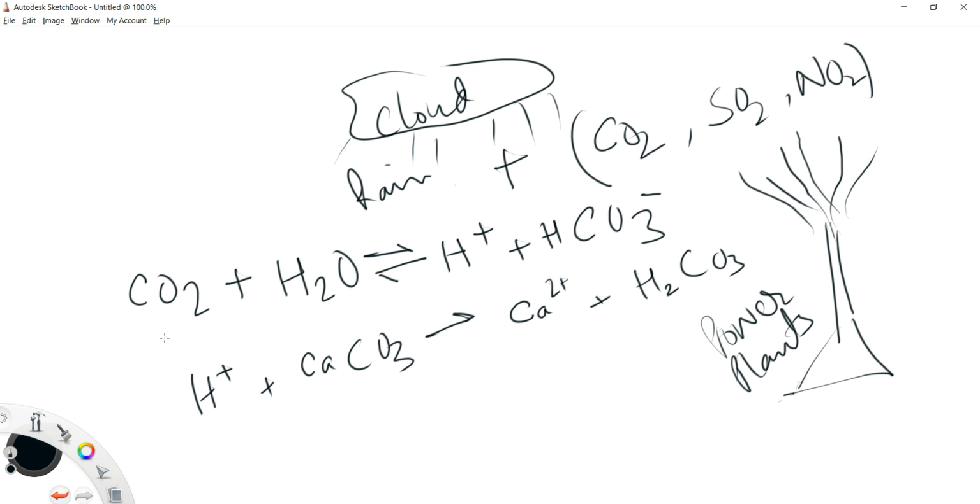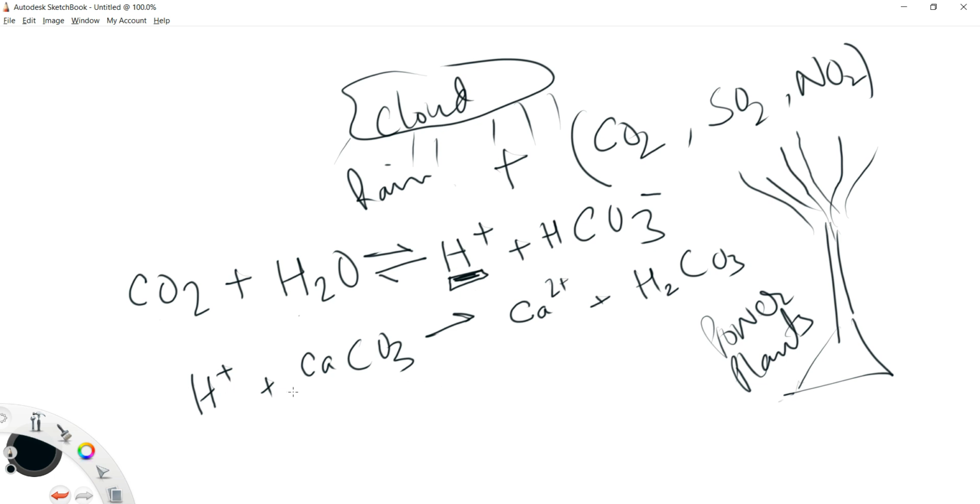So this is what you have, lots of this H+ ion. So when carbon dioxide dissolves in water, it produces protons, or H+ ions, and that is what is going to make your water acidic. So there is another term called acid rain, which is due to the increased concentration of H+ ions in the water. So as we increase the H+ ions in the water, the water will become more and more acidic.